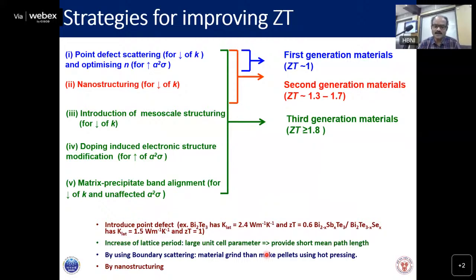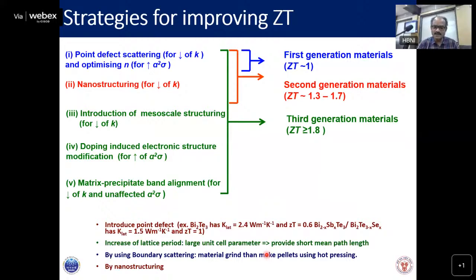And then increase the lattice period, where you can select larger unit cell parameters. If you have a cell with larger A, B, C values, it is actually an elongated lattice. Because the length has increased, it will provide a short mean free path length.